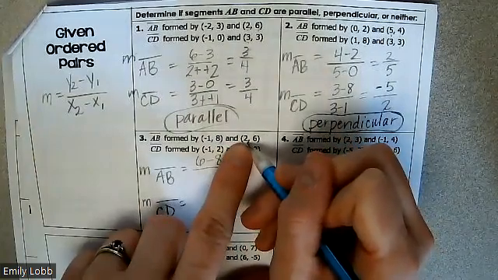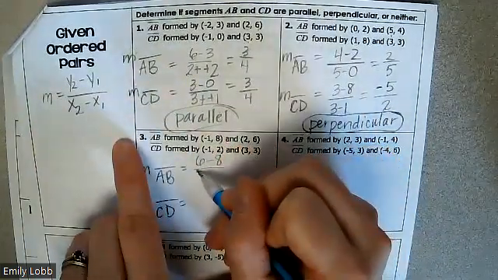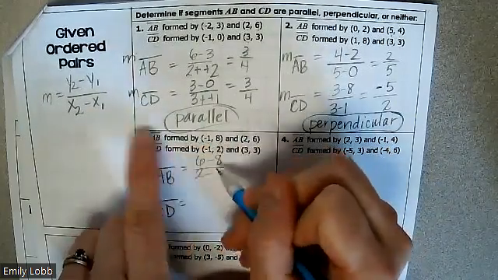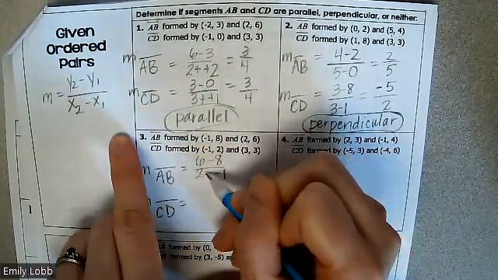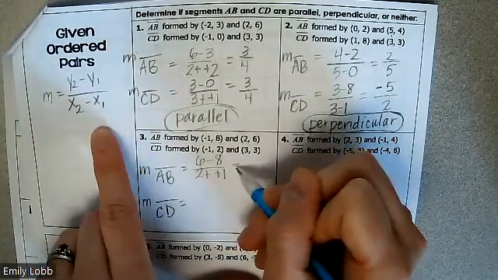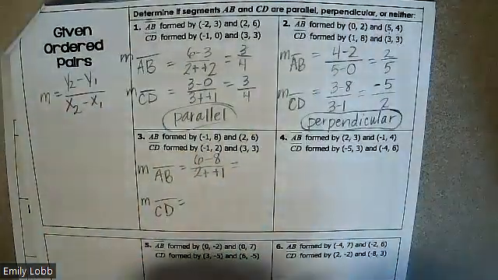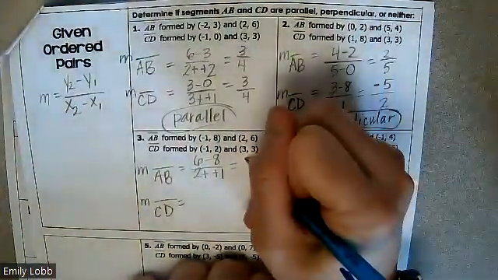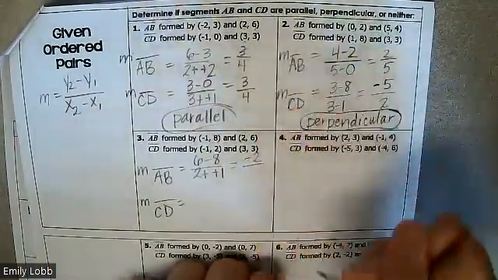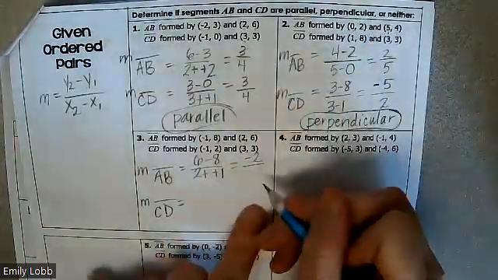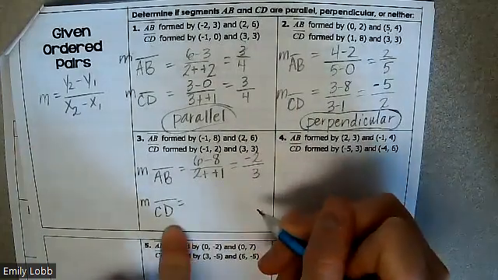Our change in x is our second x value minus our first x value, so be careful there because we switch. What's 6 minus 8? Negative 2, be careful. And 2 plus 1 is 3.